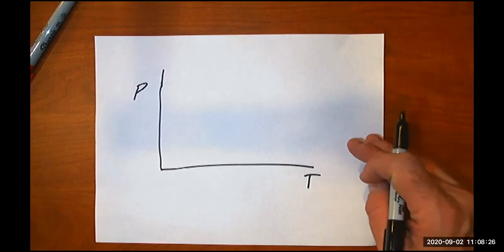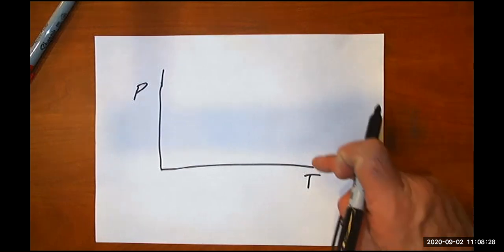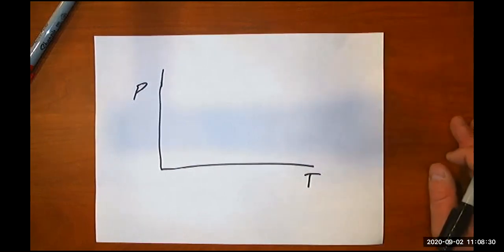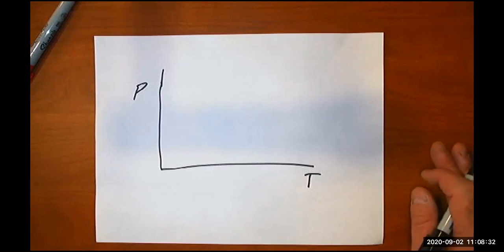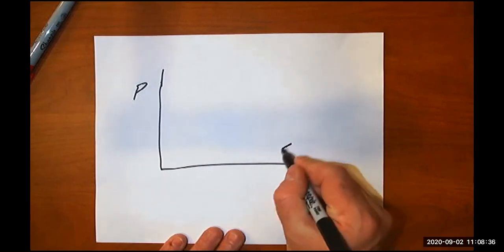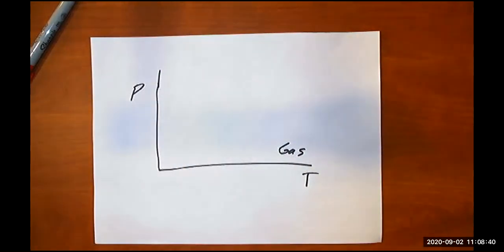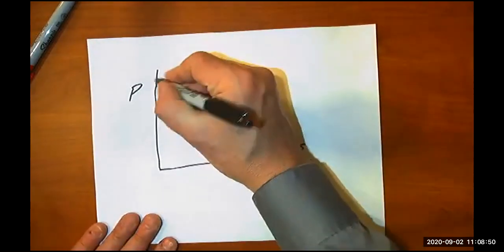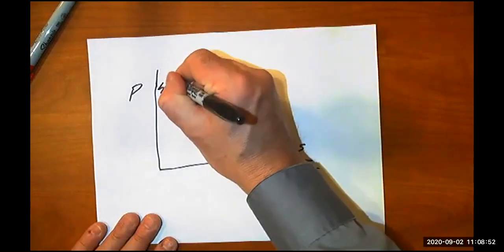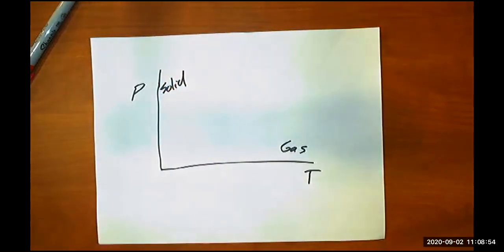Let's start by labeling some regions. At high temperature and low pressure, what is our phase going to be? What's our state of matter? Yes. Gas, correct. At low temperature and high pressure, what is our state going to be? Yes. Ice or solid. It doesn't have to be water that we're doing. So we'll call this solid. Okay.